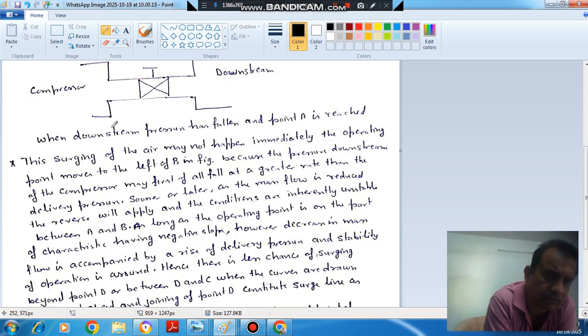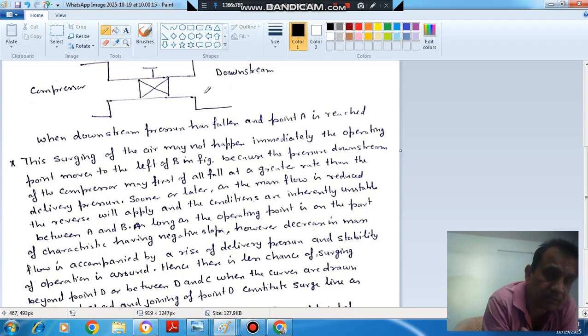But if we decrease the mass flow rate so much, this phenomenon will start occurring again. The surging of air may not happen immediately. The operating point moves to the left of B in the figure, because the pressure downstream of the compressor may first fall at a greater rate than the delivery pressure. Sooner or later, as the mass flow is reduced, the reverse will apply. The conditions are inherently unstable.